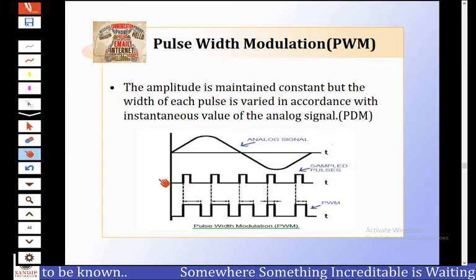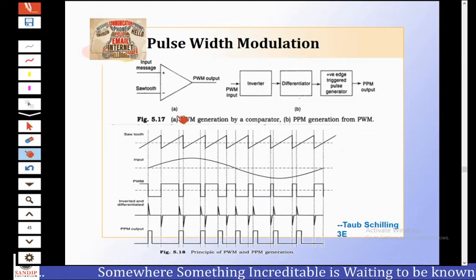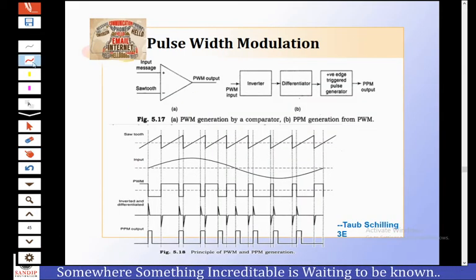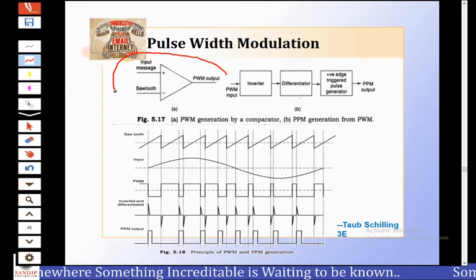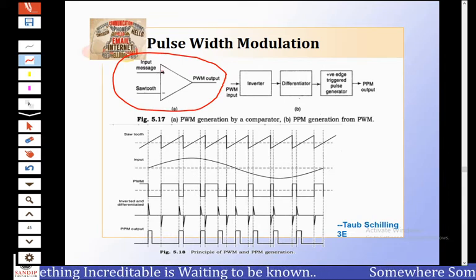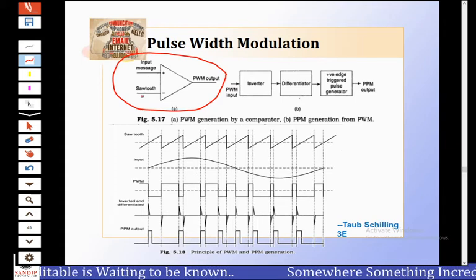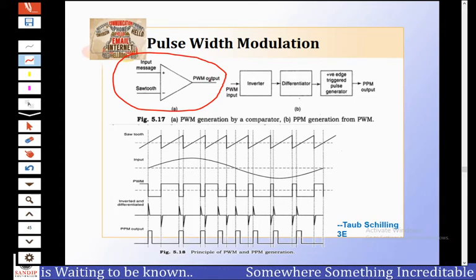Now we'll understand how to generate the PWM signal. This is the circuit diagram for PWM signal, pulse width modulation technique. Here is a comparator. This is the inverting input, this is the non-inverting input, and the output is nothing but the PWM output.